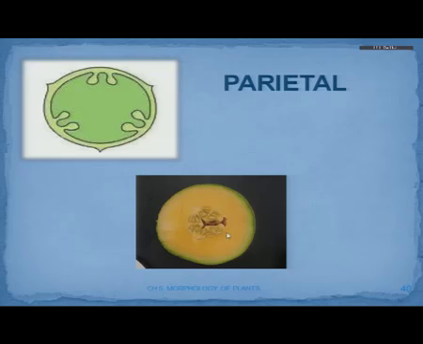Next type of placentation is parietal placentation, where the placenta is present on the periphery, so that the ovules arise from the periphery of the ovary. The ovary is unilocular, that is, it has only one chamber. Have you ever seen a fruit which shows parietal placentation or parietal arrangement of seeds? Let me help you. Can you identify this picture?